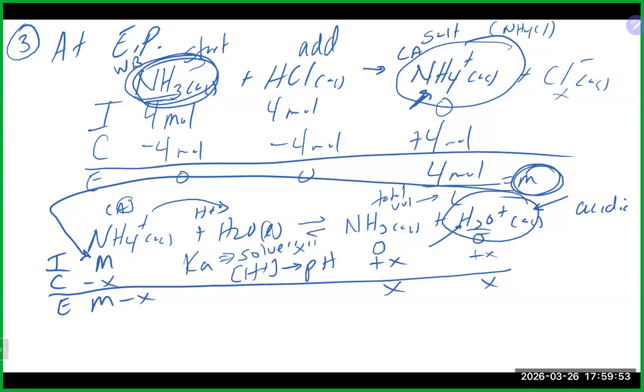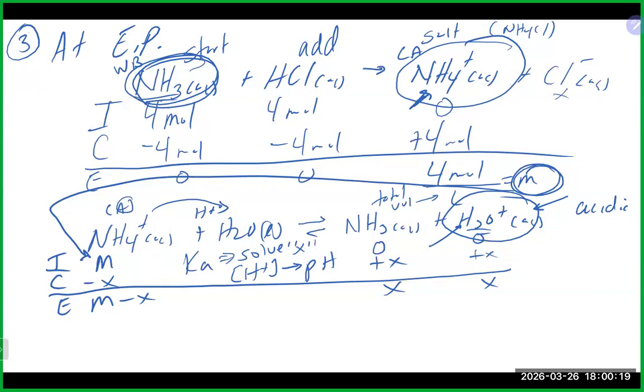A weak acid, strong base: you will have a salt that comes from a weak acid, will go through hydrolysis, will act as a base and produce hydroxide, so we expect it to be basic at the equivalence point. And here, a titration of a weak base with a strong acid will give you a salt that came from a weak base, which means it will act as an acid and produce H3O plus, and you would expect your equivalence point to be acidic.